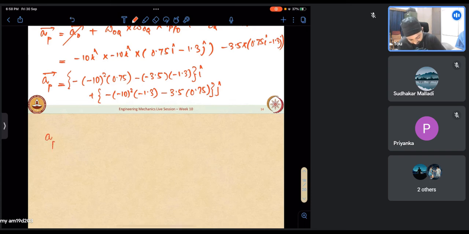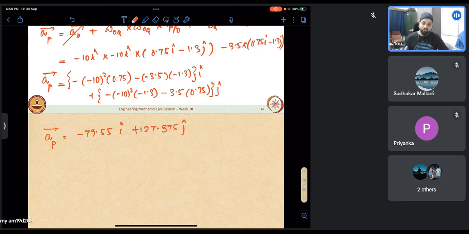So acceleration of pin P comes out as minus 79.55 I plus 127.375 J. So we know that the absolute acceleration of pin P is this.